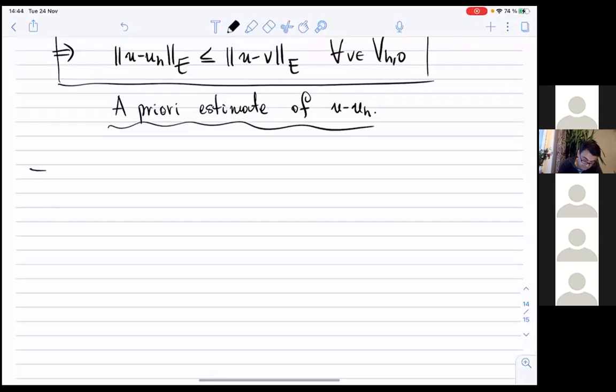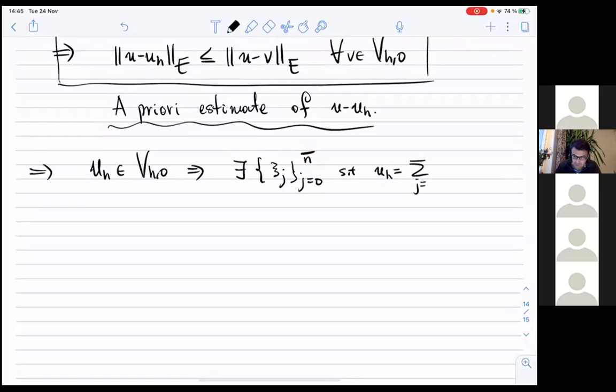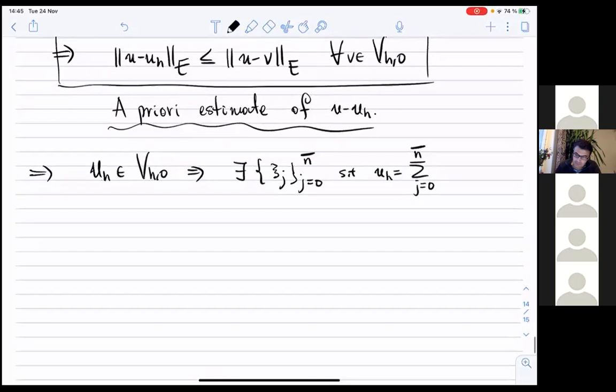So u_h is an element of V_h0. That means there exists a sequence of coefficients psi_j, j equal to 0 to n bar. Now I'm just counting interior points; I don't include the boundary part. So that u_h is equal to the linear combination, sum over j equal to 0 to n bar of psi_j phi_j of x.